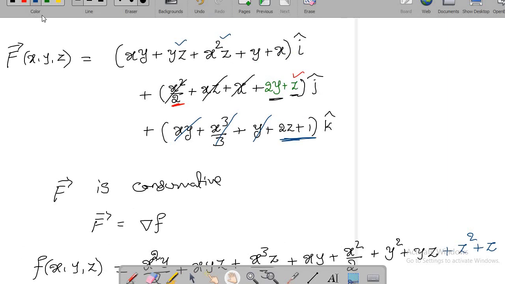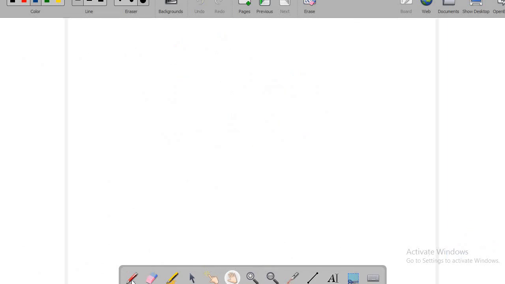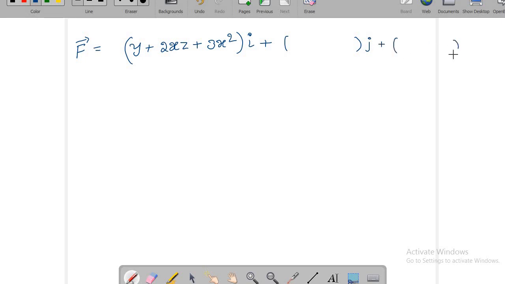Okay, and let me check whether you understand this or not. Let us see, if I take f bar equal to y plus 2xz plus 3x cube into i, plus, can you tell me what is the component of j and the component of k, so that this function becomes conservative?